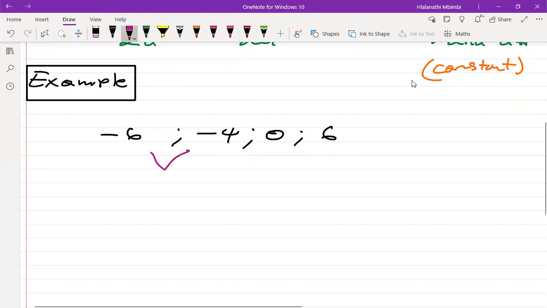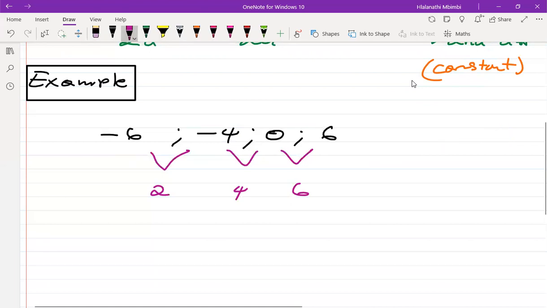So we go and find our first difference. Our difference is going to be -4 minus -6, that's a 2. And then the second one is 0 minus -4, so that's a 4. Then it's 6 minus 0, so that's a 6.